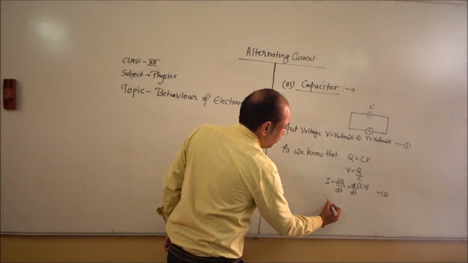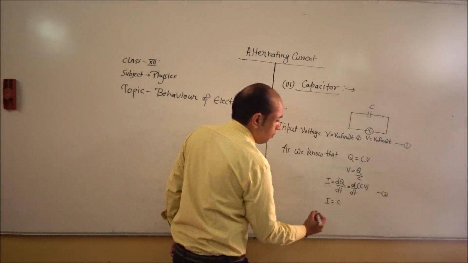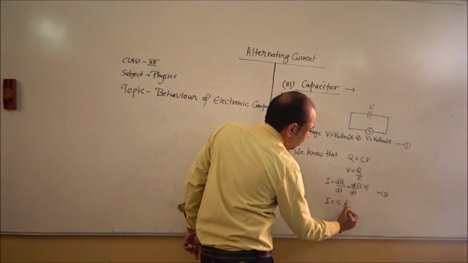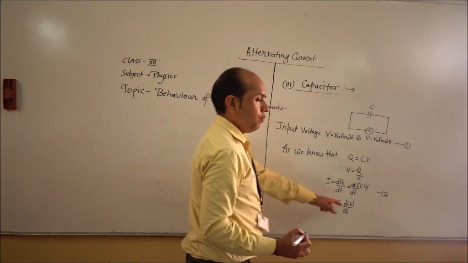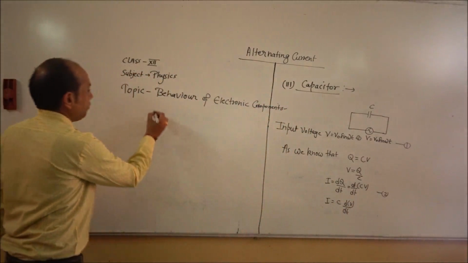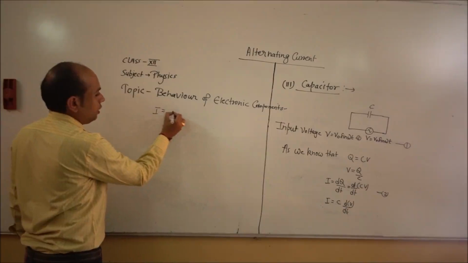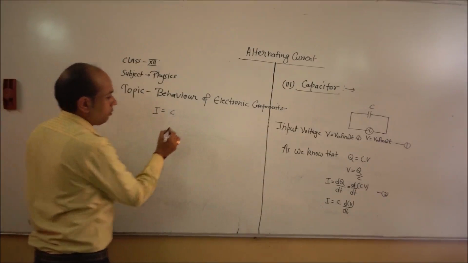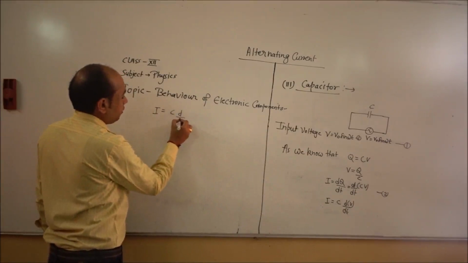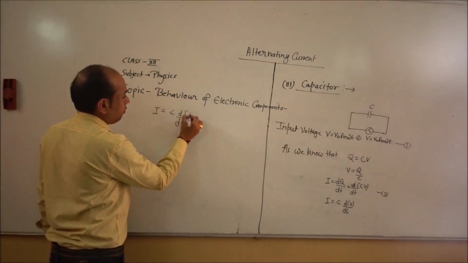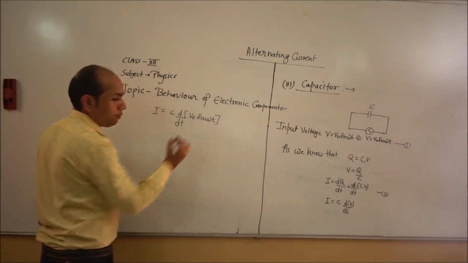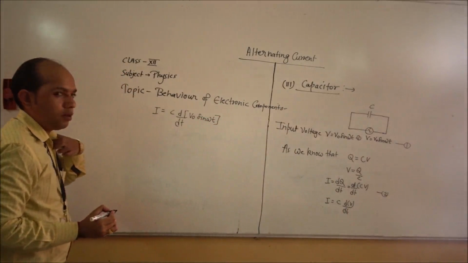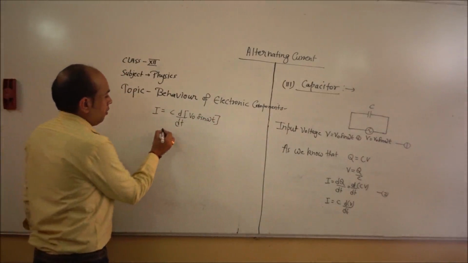Now I remains the same, C remains the same, d by dt with potential V. So V is to be replaced: I is equal to C d by dt of V, where V is equal to V naught sin of omega t.